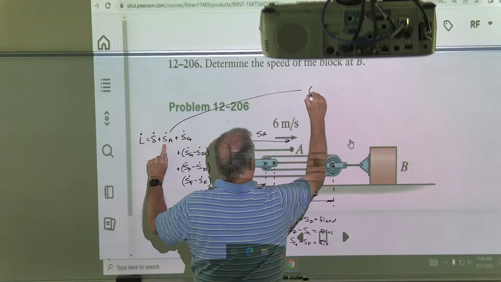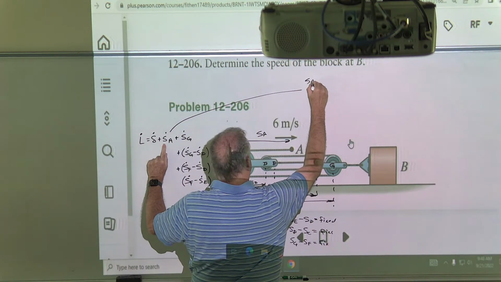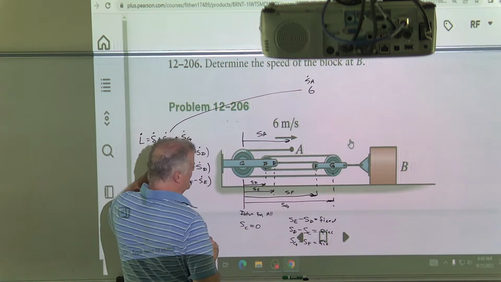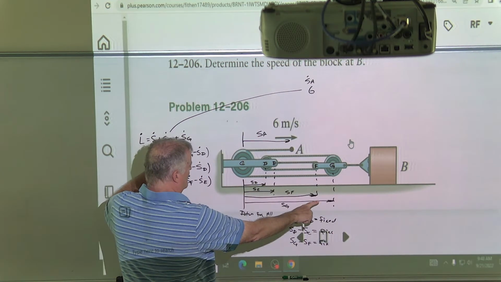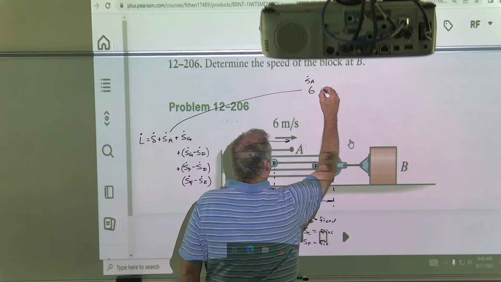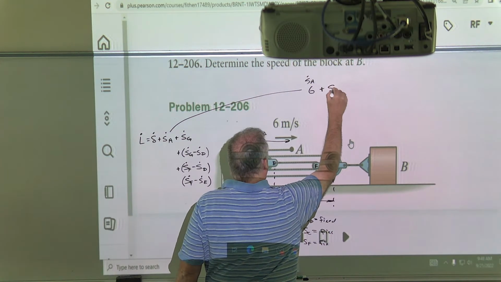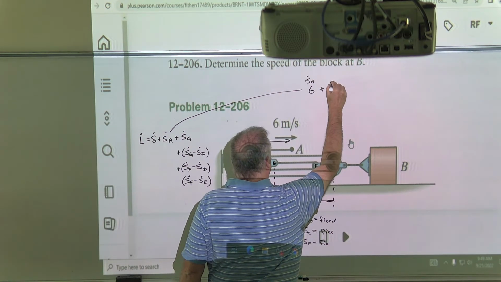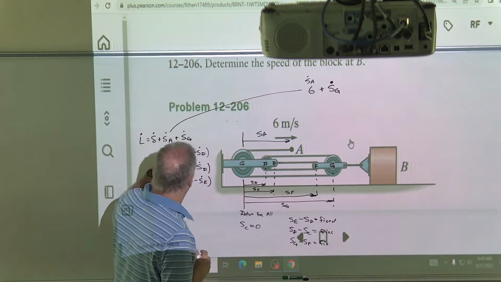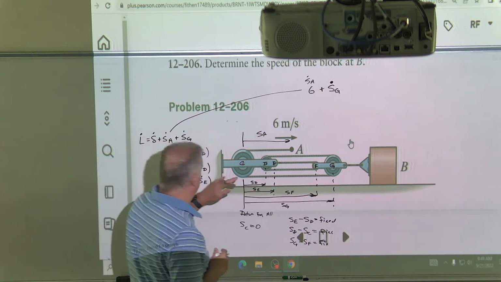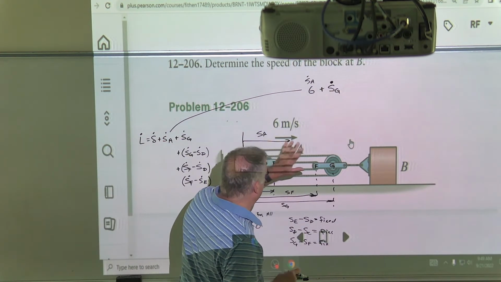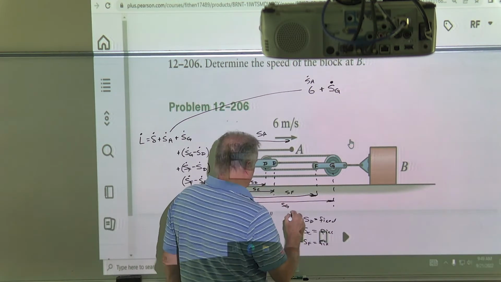This one is 6, or SA dot, plus SG dot. Now, you got another SG, so I'm going to go ahead and do this.